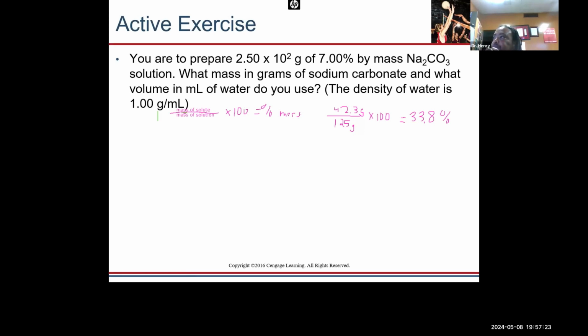So you are to prepare 2.50 times 10 to the 2 grams of 7% by mass sodium carbonate solution.